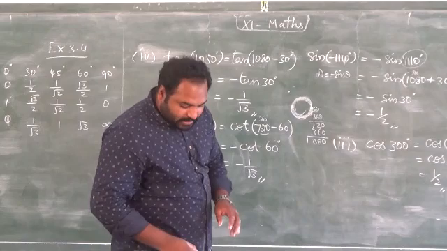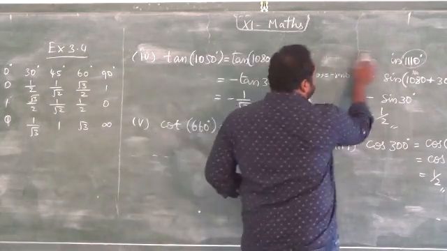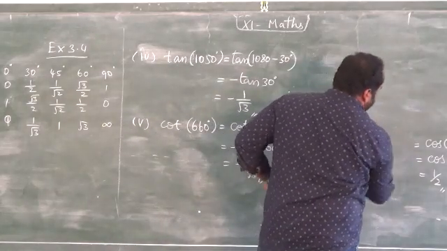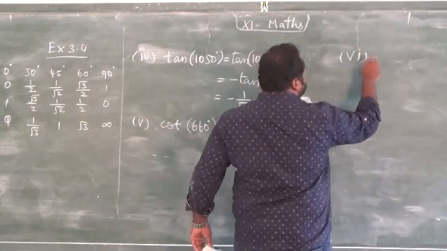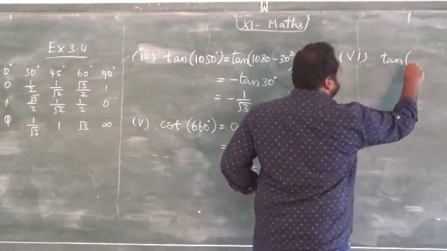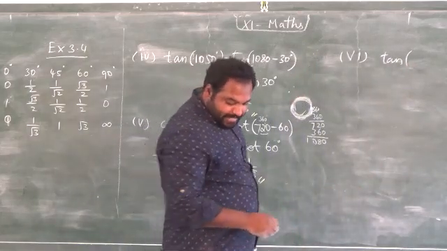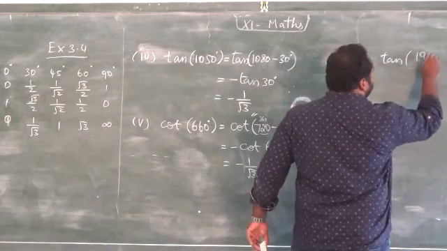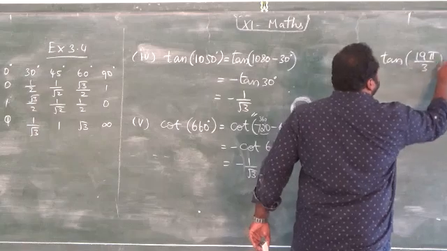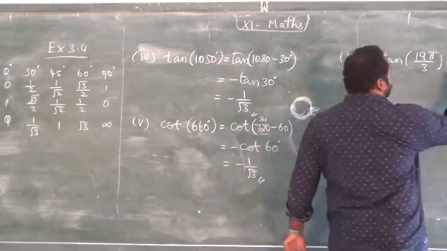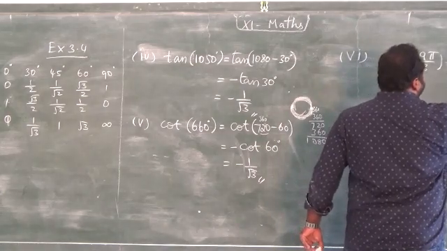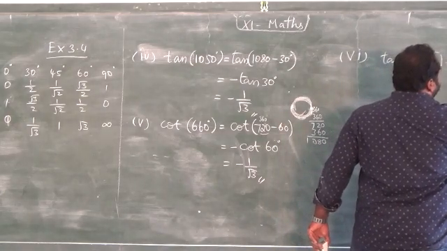Next, problem number 6, tan 19 pi by 3. This is given in the radian format, so change it into degree format.